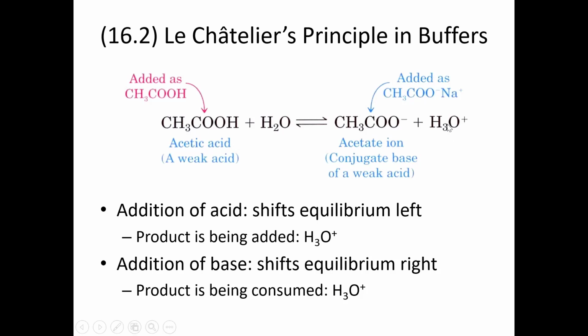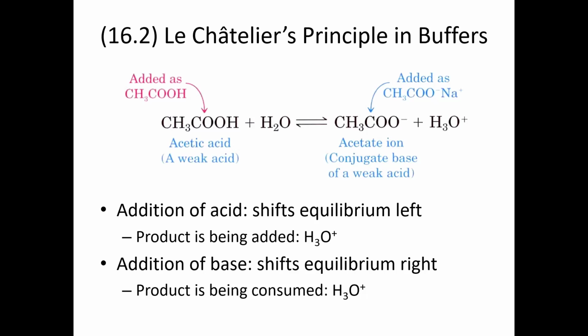Well, in fact, the hydroxide ion is going to react with this hydronium ion, H3O+, to make water. That's a neutralization reaction. So it actually consumes, it pulls out some of that H3O+. And so when we add a base, the reaction shifts to the right because the base will remove some of this H3O+. Okay? This is just the common ion effect.